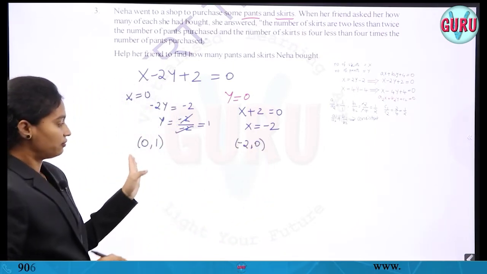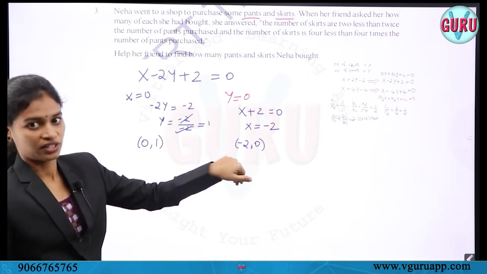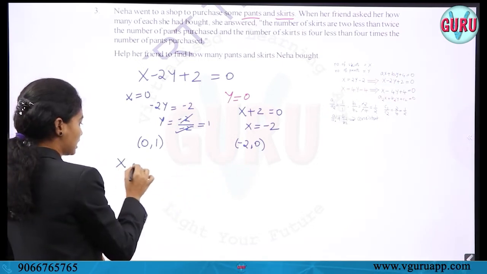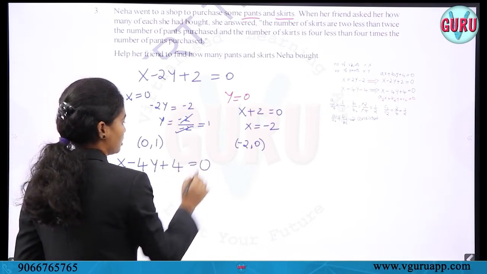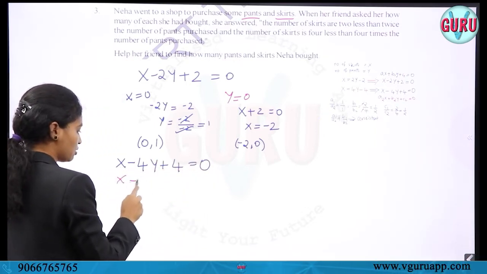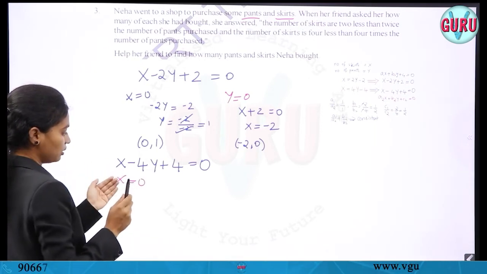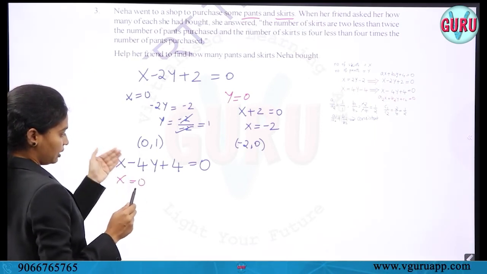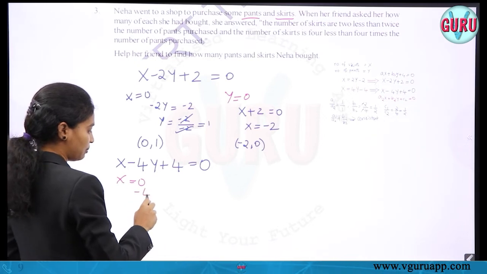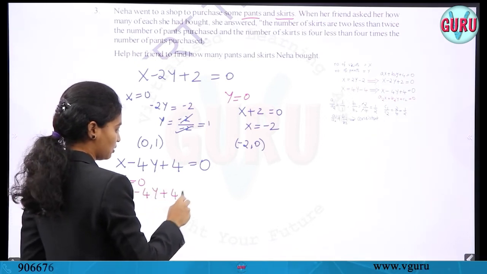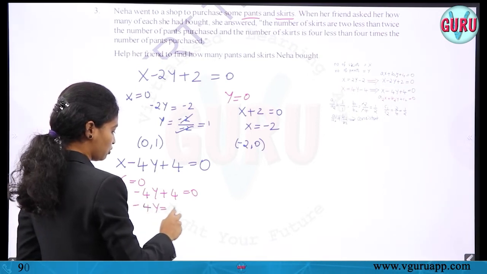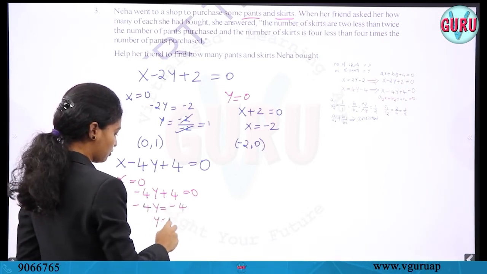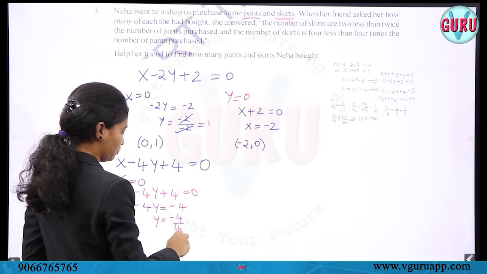Now I'll find points to the other equation. The other equation is x minus 4y plus 4 is equals to 0. I'll put x is equals to 0 first. On taking x is equals to 0, we get this term to be 0. Therefore, minus 4y plus 4 is equals to 0. Minus 4y is equals to minus 4. Y is equals to minus 4 by 4.